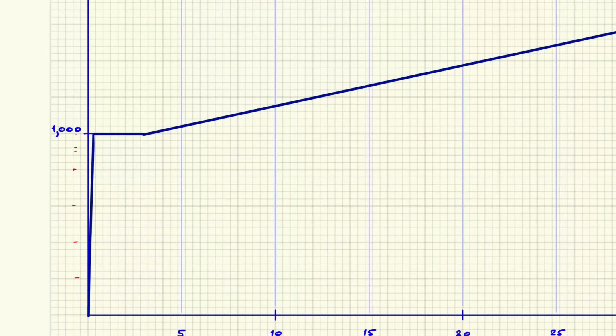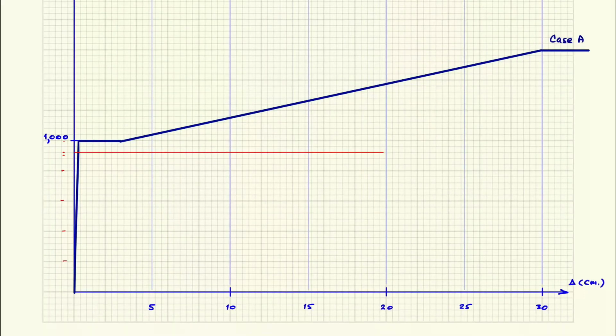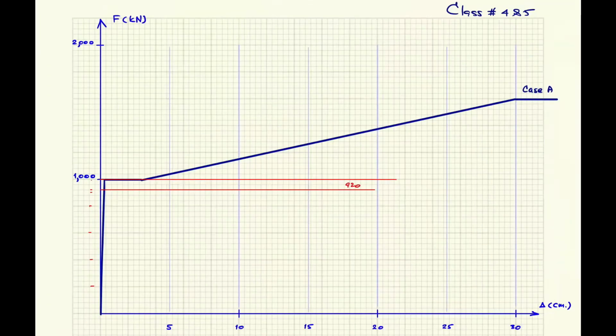So I draw this line. This is 920. We have 1000, it's going to be in here as well. And then we have 1544, right?